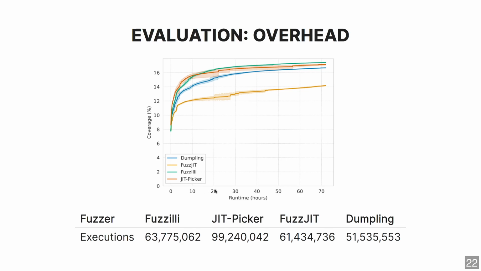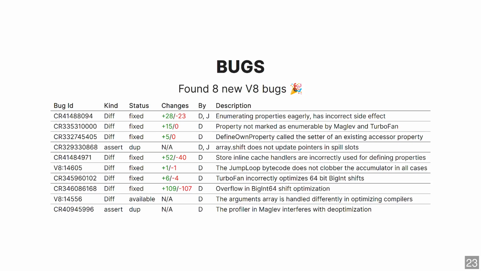Of course, our approach of fine-grained dumping will be slower, but we're surprised that it's not that much slower if you compare coverage over time. We're still competitive, also in terms of executions, even though we do this extensive bug oracle.